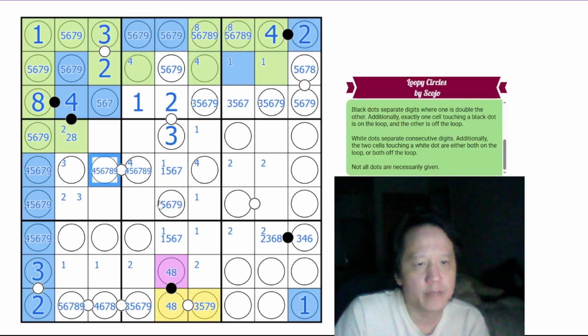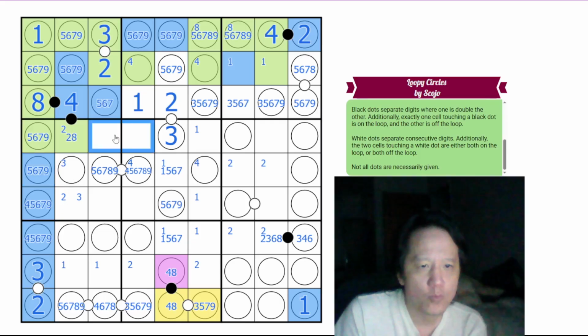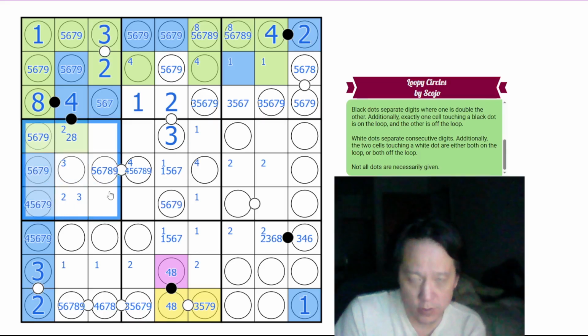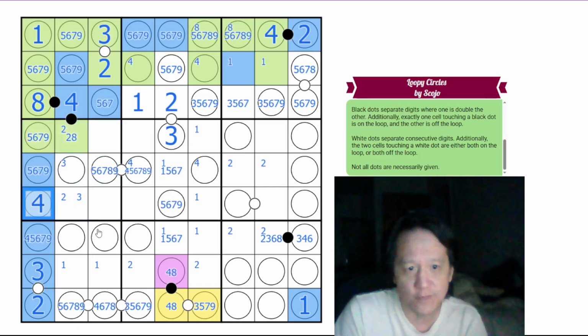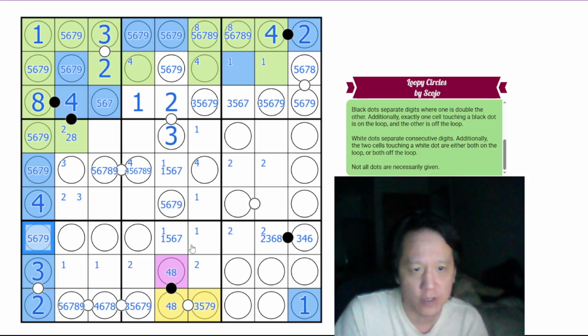So this cannot be 4 here, and it cannot be 4 here. Where is the 4 in box 4? It has to be in a circle, and it can't be any of these cells, so this must be a 4 here, which means this cannot be 4 here.